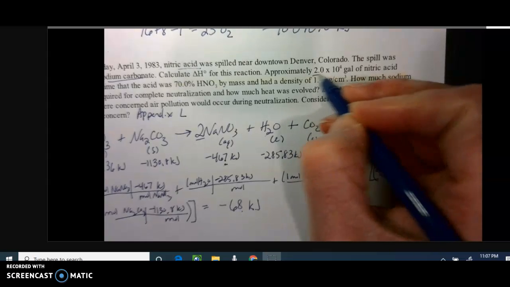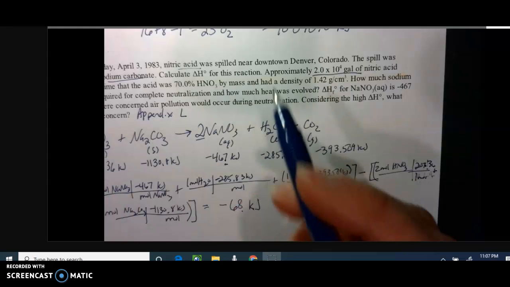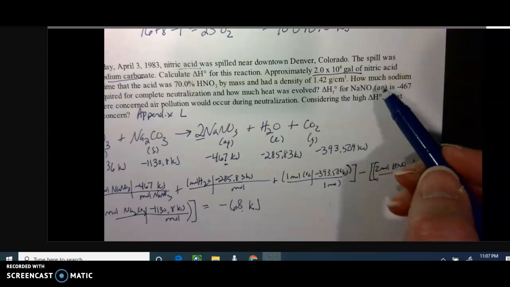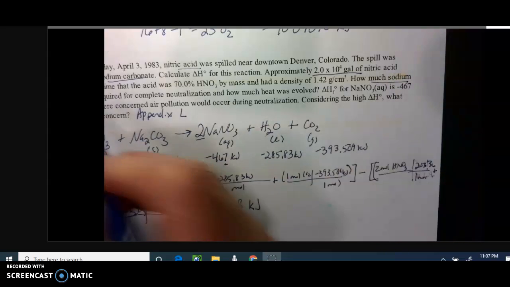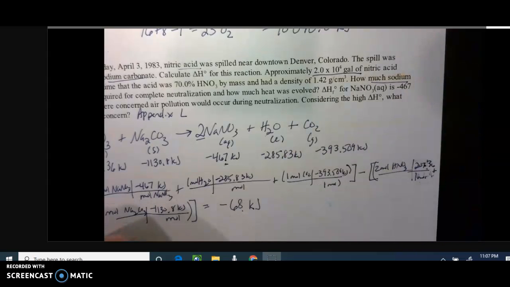Alright, so now I'm going to go back to all this other data. Just like any other stoichiometry problem, I have to look at how much of this I'm going to be using in terms of moles of sodium carbonate. So that's the next part of this that I'm answering. I'm going to start with 2.0 times 10 to the 4th gallons of HNO3.